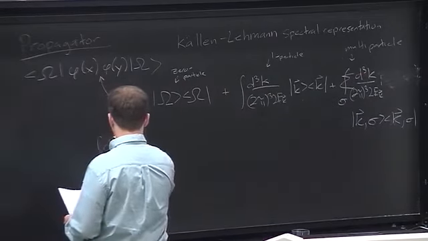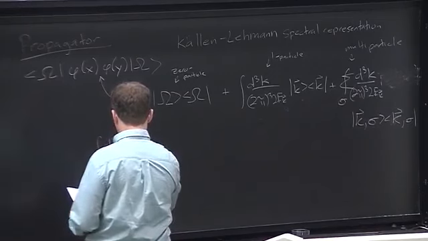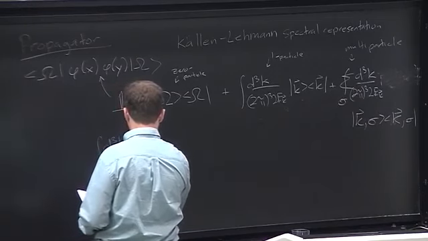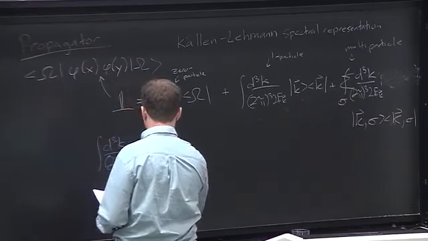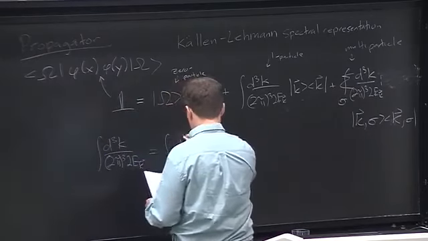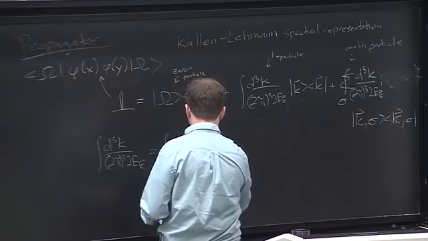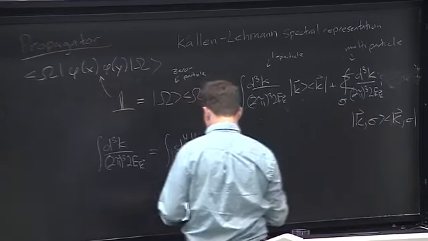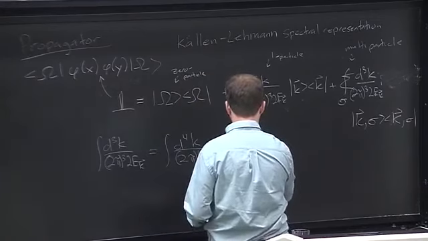And so this integral, our Lorentz invariant measure, can be written, as we saw earlier, as a 4-dimensional integral times a delta.